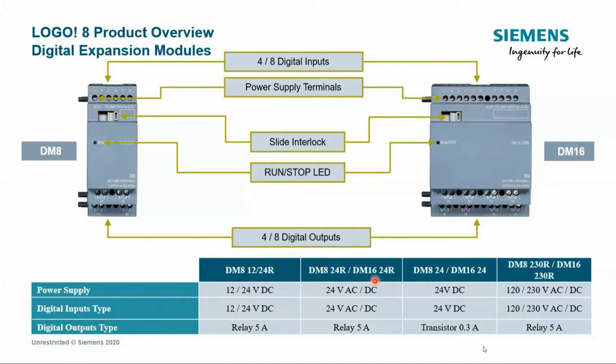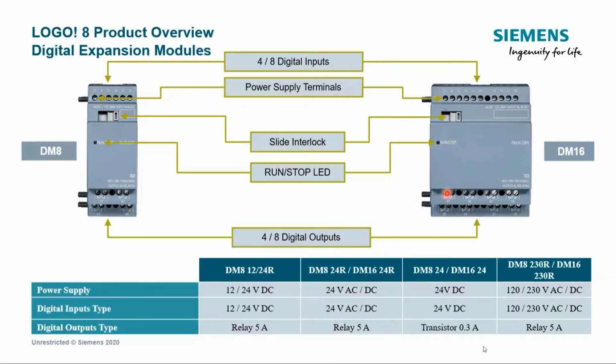So if you are using, for example, the 230 logic module, you have to expand using these, either DM8 230 or DM16 230. You cannot use this or this. Yeah. So once we choose a logic module, we have to expand with its appropriate expansion modules.